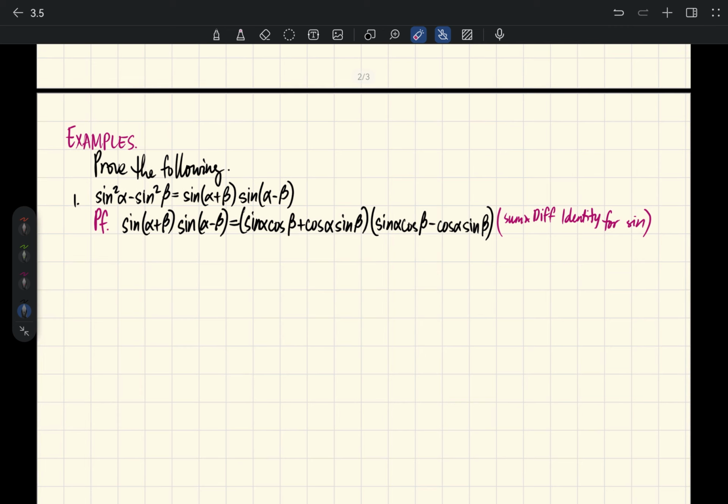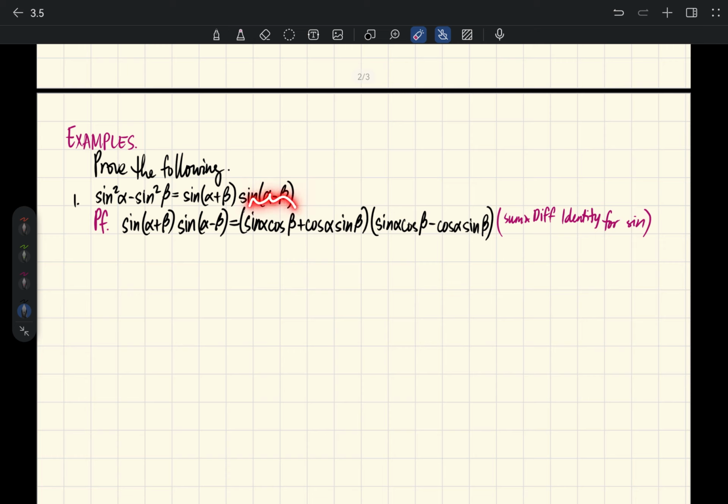Then what do we observe here in the given expression right now? You have the same thing here, no? It's the same, sine alpha times cosine beta. And for the second term, it's also the same, cosine alpha sine beta. However, they have different signs. Here you have plus, here you have minus.